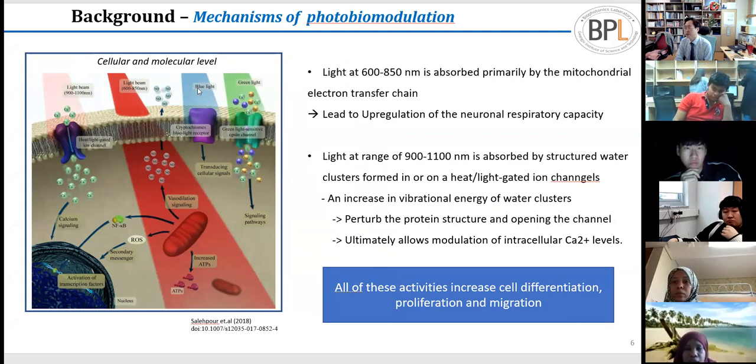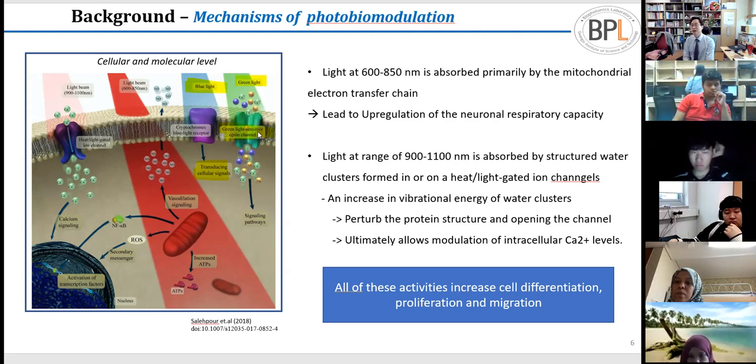From here, you can see the blue light is a cryptochrome blue light receptor, and that promotes transducing cellular signals. And when you're using the green light, there is a green light sensitive opsin channel, which can be connected with optogenetics.